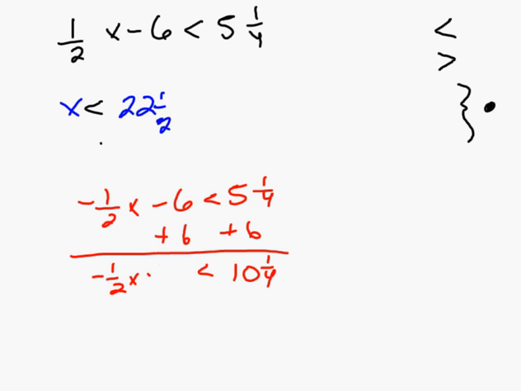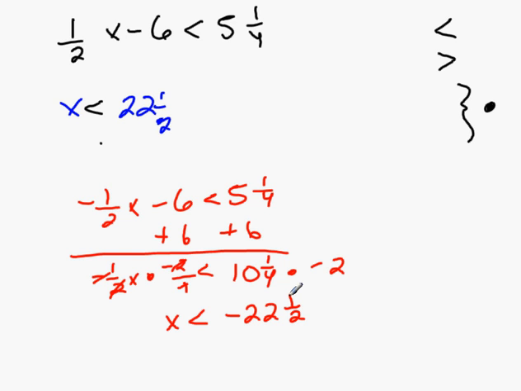Now I multiply by the reciprocal, which is the same thing as dividing by negative 1 half. But I'll go ahead and skip that step. So x is going to be left here. Those cancel each other out. And it's negative 22 and 1 half on the right-hand side.